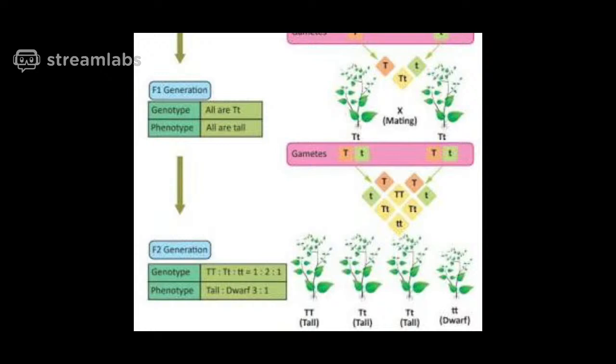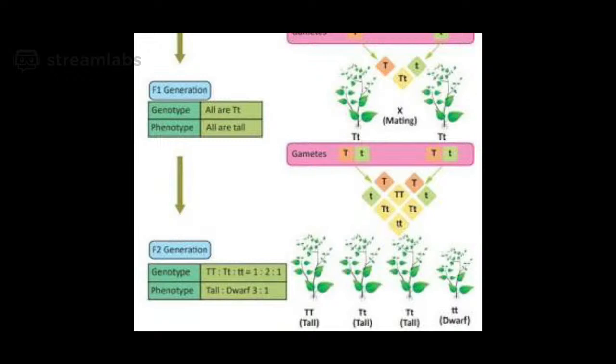Capital T, small t. He crossed between F1 plants. Then he found a variation: 3 plants are tall and 1 plant is dwarf. And look at the gametes. First one capital T, the second one capital T, small t, and the third one small t.